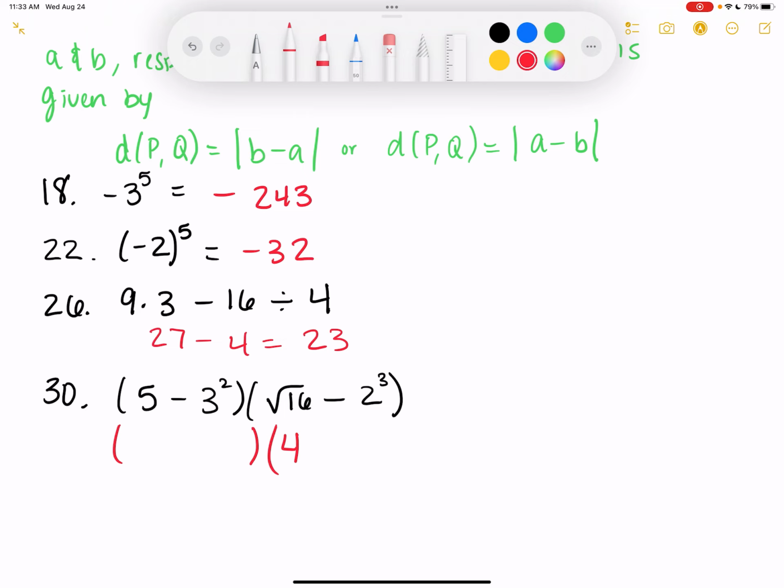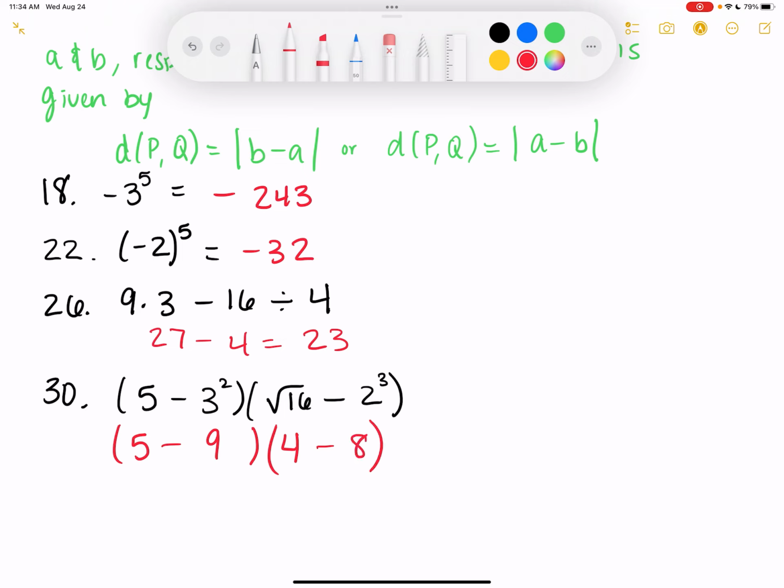Instead of writing out 18 steps, I'm going to write as much as I can in one. 5 minus 9, minus 8.